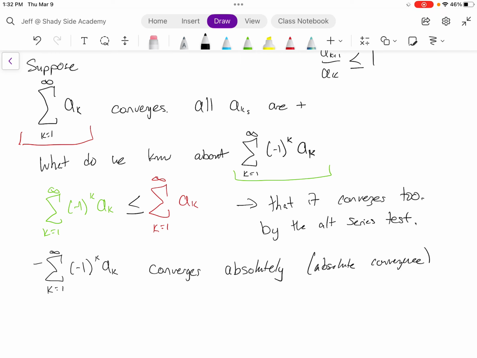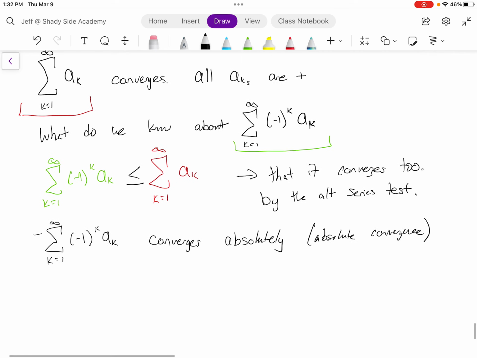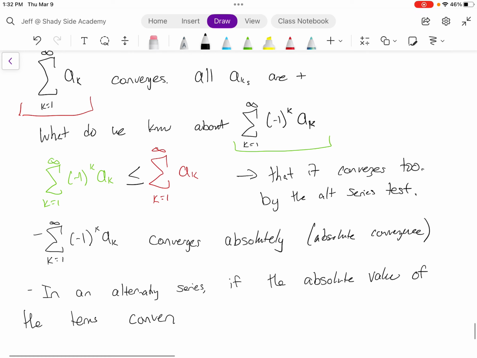And those are the two forms you'll see it in. We define that, we say, in an alternating series, if the absolute value of the terms converges, then the alternating series converges absolutely.